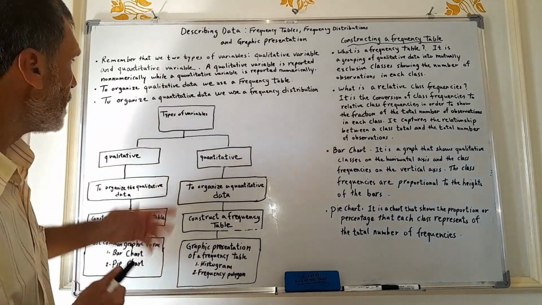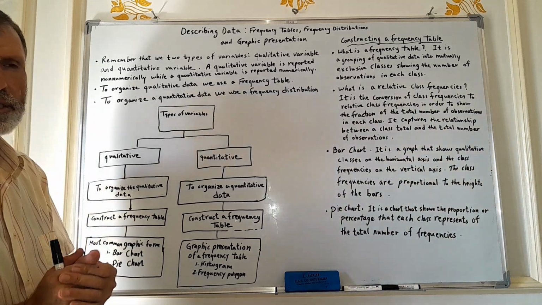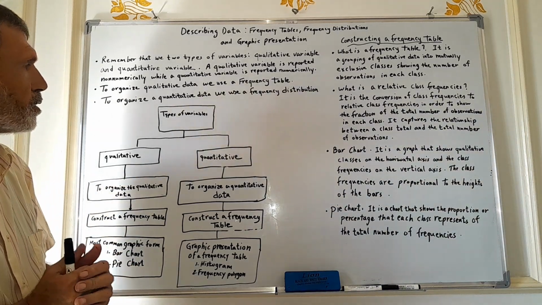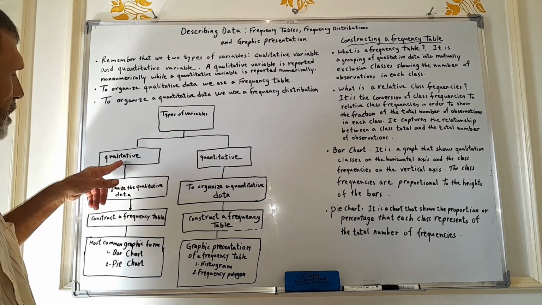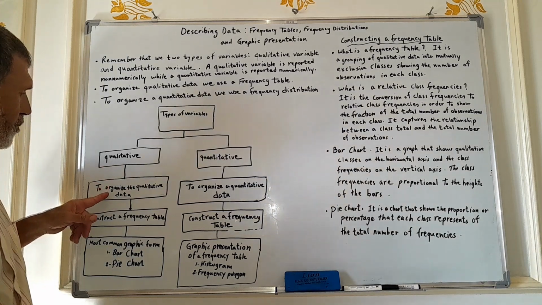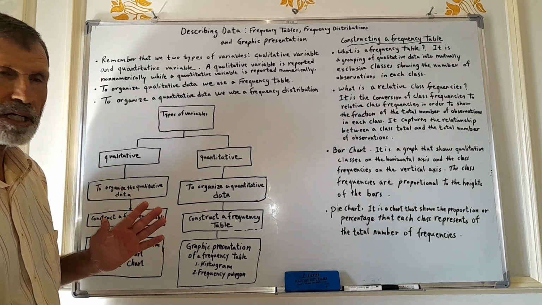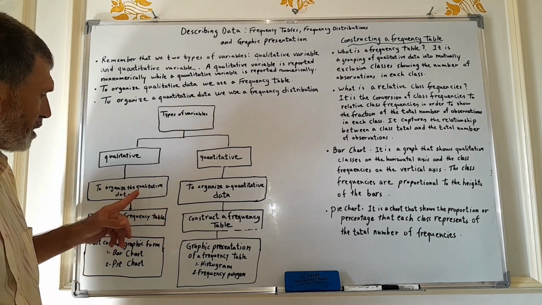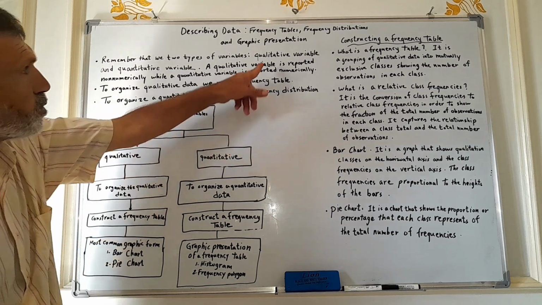Okay, great. Now, here we have a flow chart to show exactly how data are going to be organized. We have types of variables: qualitative and quantitative. When we have qualitative data, to organize it, of course, we construct a frequency table.